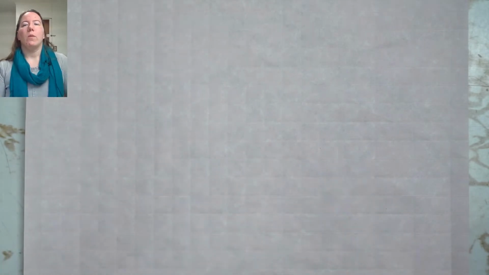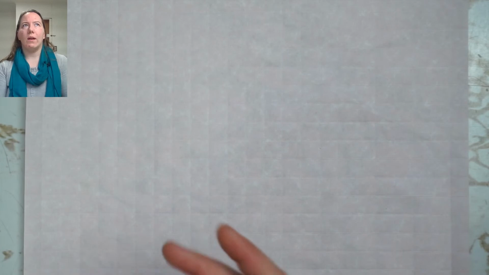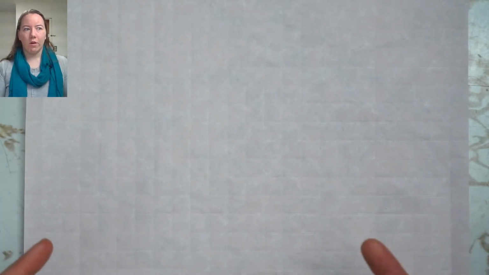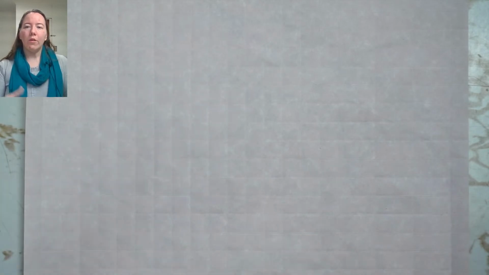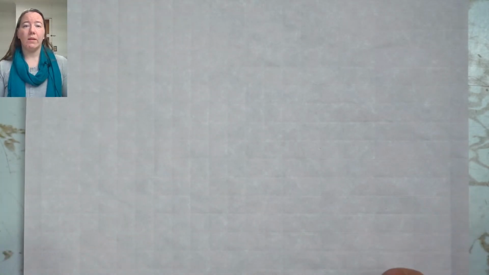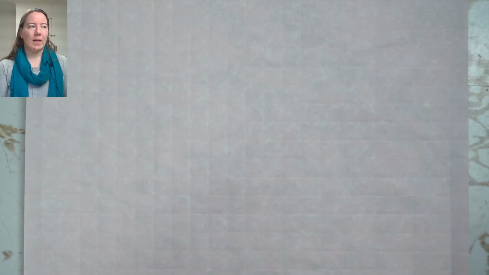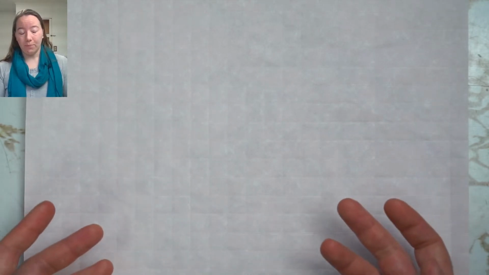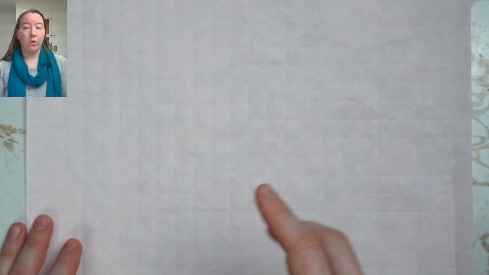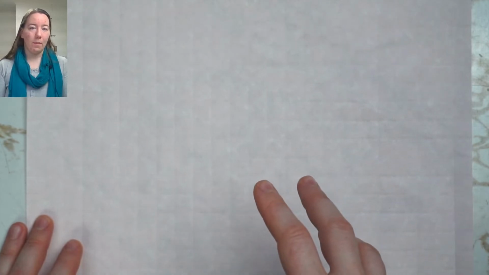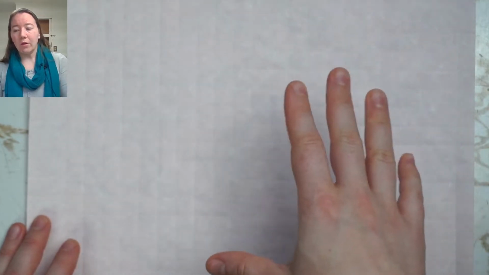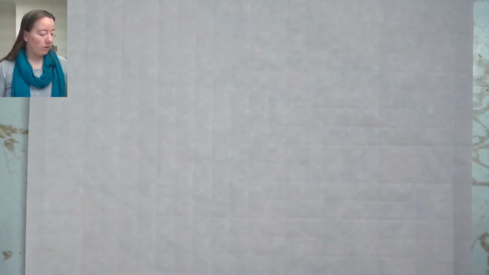And so I could try and place my open squares so that they're around a block that is centered on a grid intersection, or I could just accept that this is a practice piece and I will not be having everything centered. I will not have a position of rotational symmetry in the center of my paper.